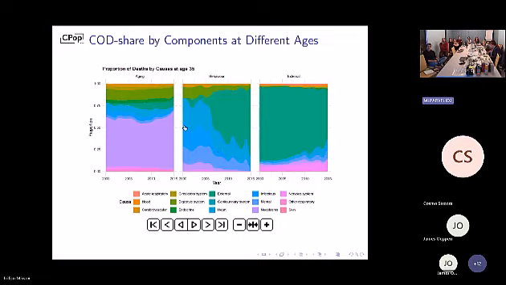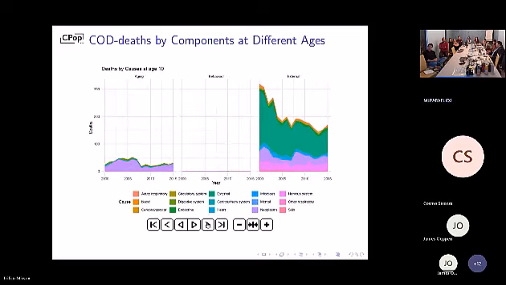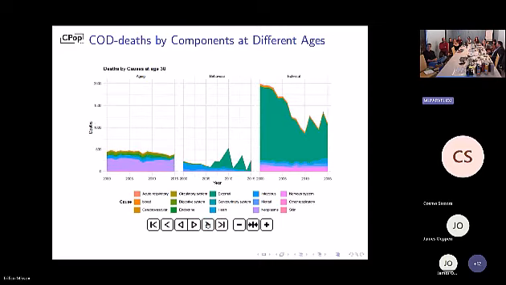And I don't know how well you see it, but this part for the infectious diseases is thinning out and disappearing, this cohort effect. You also have a share of mental disease deaths, and you also have some details. And at age 35, this is the share of deaths.